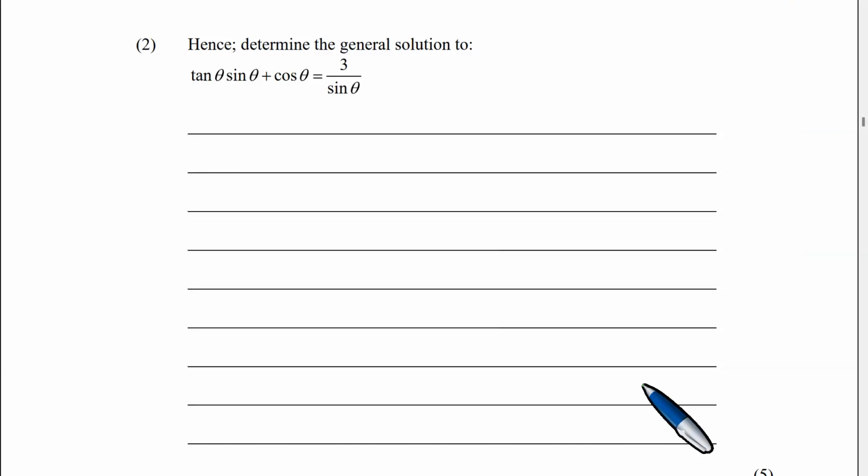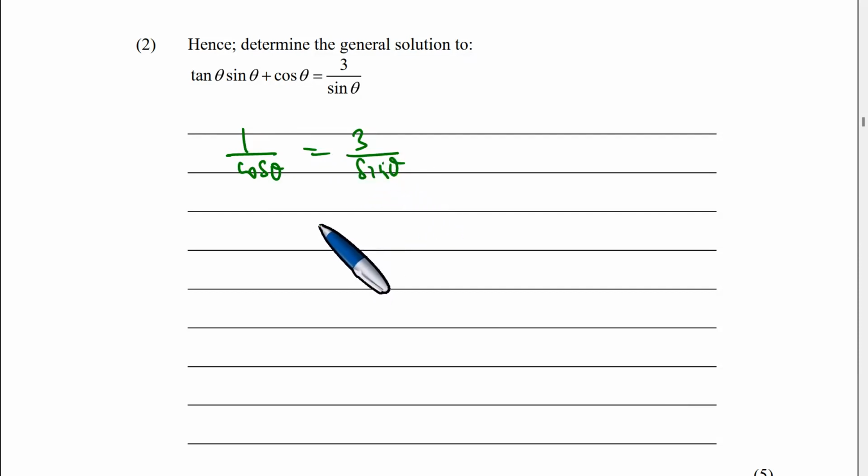Next, we have to determine the general solution to this. These guys like linking questions. We already know that the left-hand side here is 1 over cosine theta from the previous question, and this is 3 over sine theta.